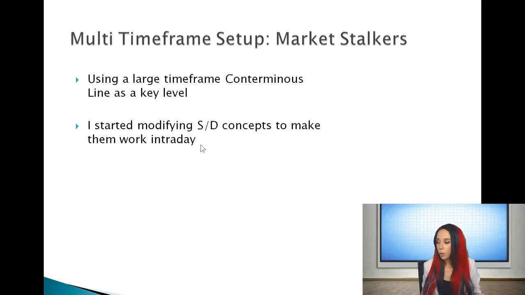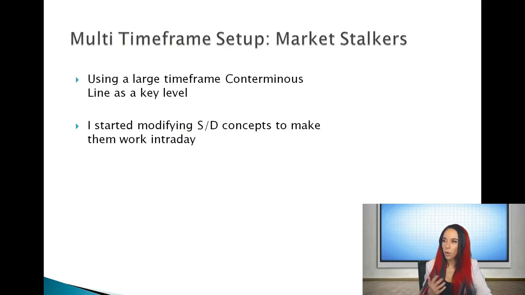Okay, now I want to show you how you would practically execute a multi-time frame setup based on all of this information. So the idea of my conterminous lines comes from the fact that over the years I was trying to find a way to marry up supply and demand with futures trading intraday.